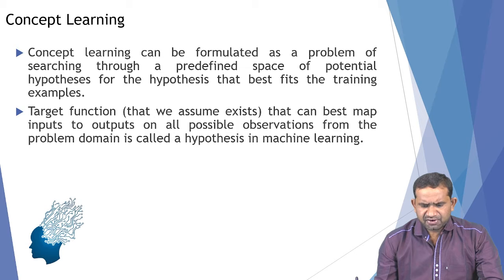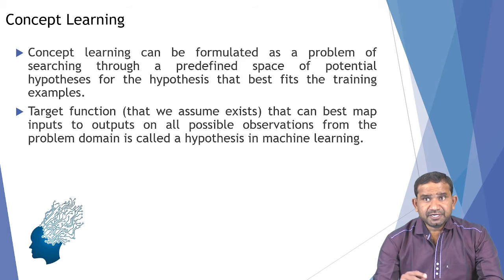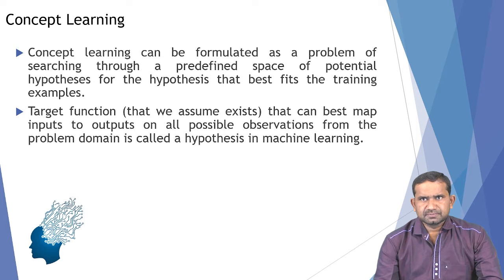Concept learning can be formulated as a problem of searching through a predefined space of potential hypotheses for the hypothesis that best fits the training examples. Here, concept learning is a problem of searching a space, which means we are provided a predefined space of potential hypotheses, which has some general ones, and from there we get the specific best hypothesis.